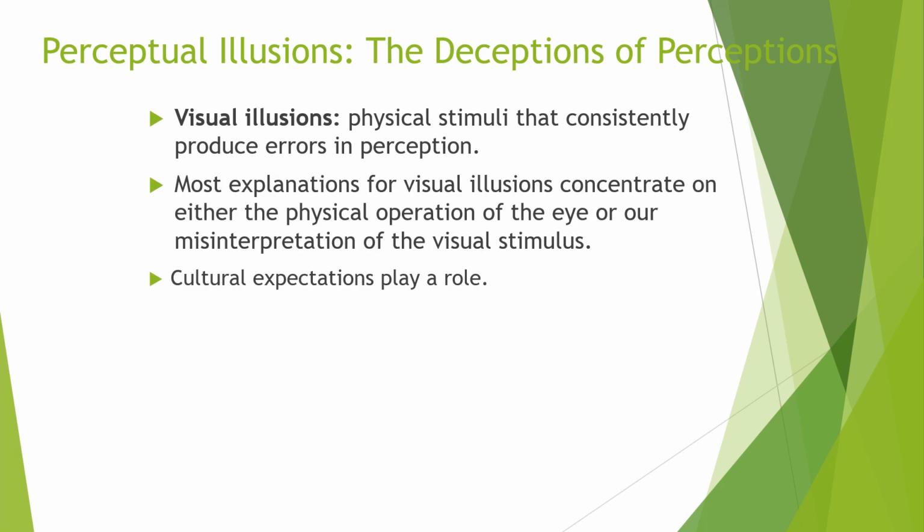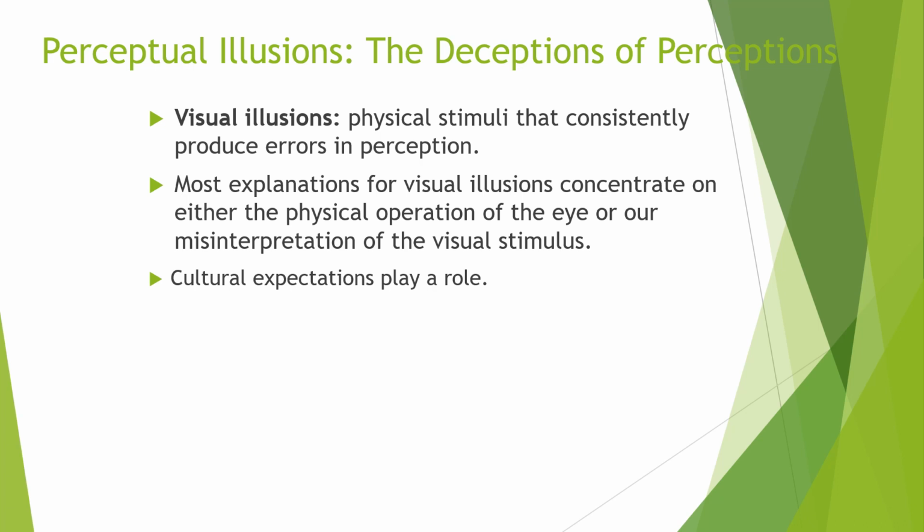Most of the explanations that we have for visual illusions concentrate on either the physical operation of your eye or your misinterpretation of the visual stimulus. That's what plays into us seeing a visual illusion. It's either the physical operation of the eye or the misinterpretation of the physical stimulus.